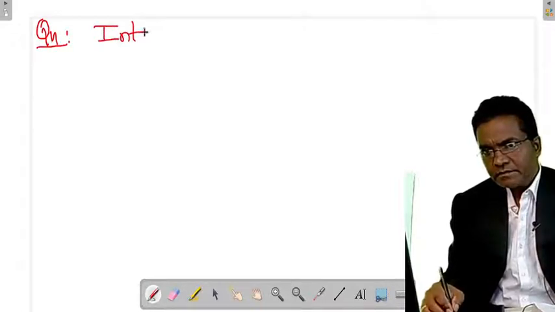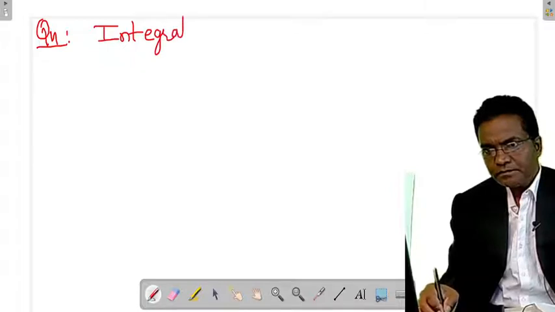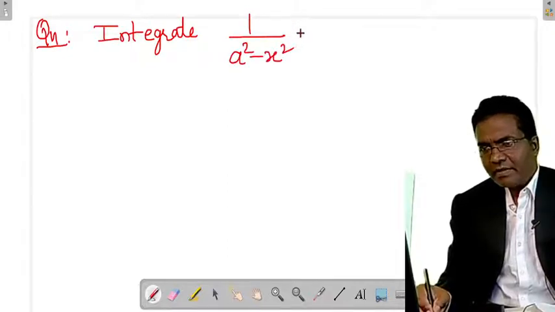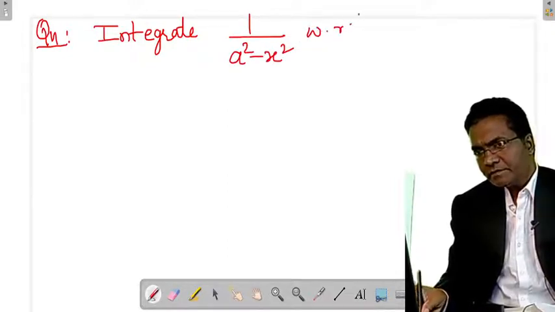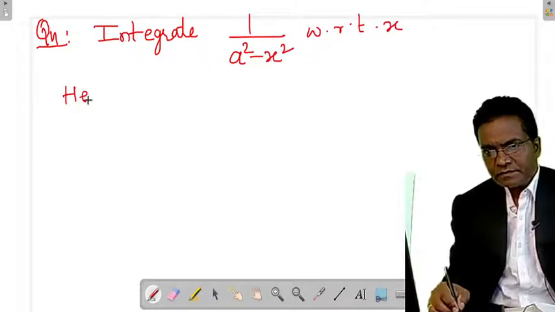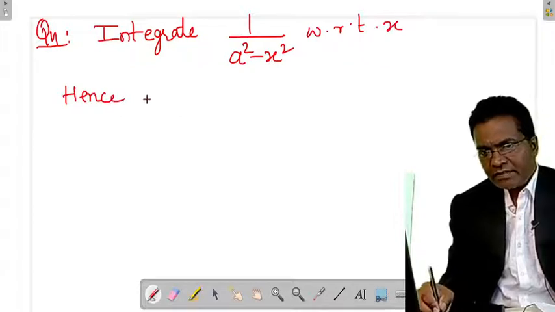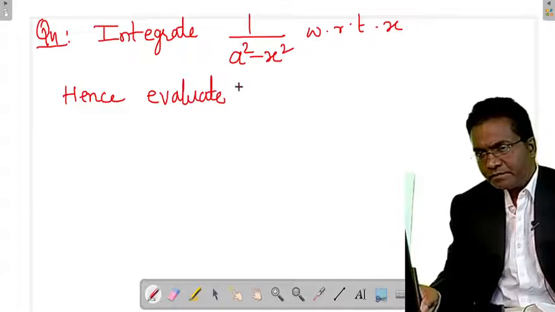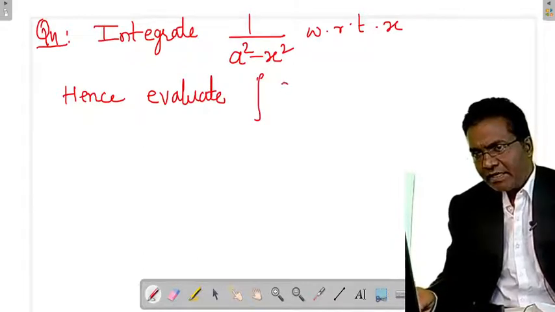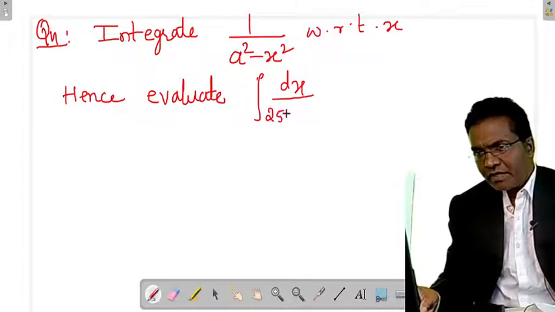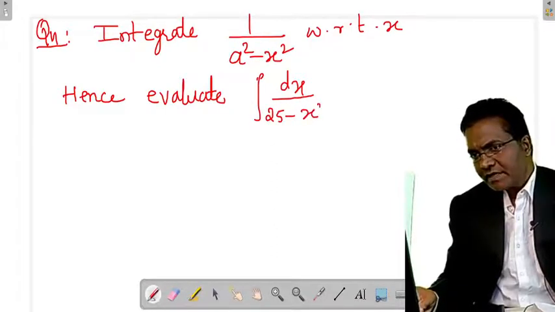Integrate 1 by a square minus x square with respect to x. Hence evaluate, I will be giving one small example. Hence evaluate integration dx by 25 minus x square.